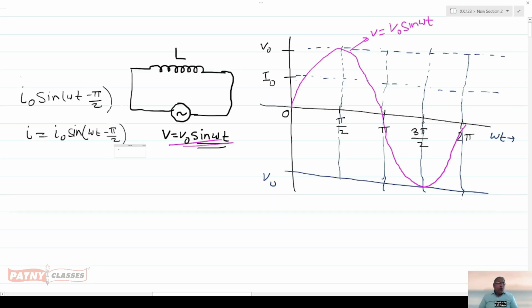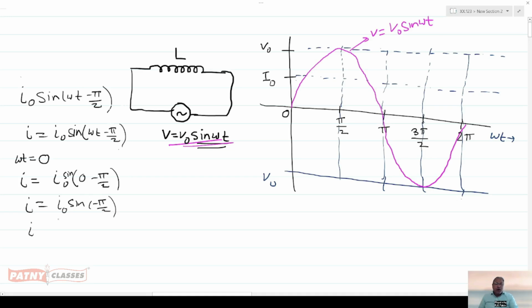To plot the waveform diagram for current, let us first take the value 0, omega t equals 0. Then what do you get here? I equals I naught sin of 0 minus pi by 2, so I equals I naught sin of minus pi by 2.